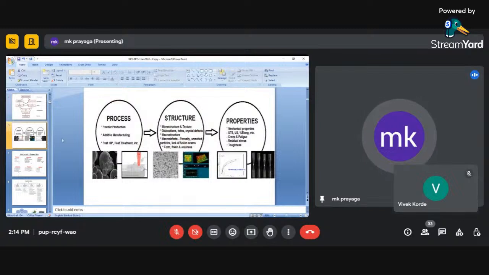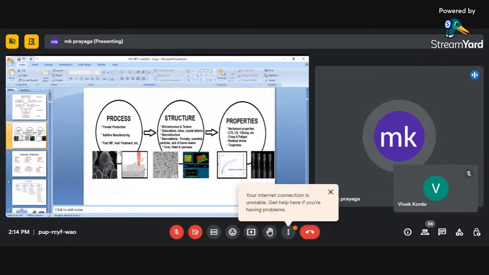After that, the concept of how it starts is, first of all, the material we need to process. We have so many chances to process this material, whether it is powder form, polycrystalline or amorphous material, or single crystalline material. These are the processings which we need to design. Then we need to identify the characterization.